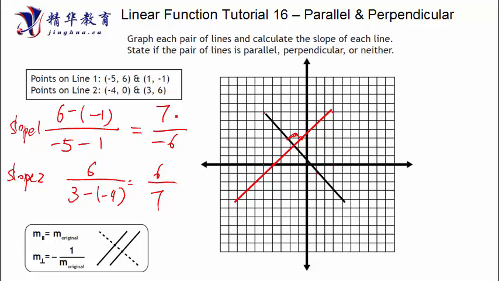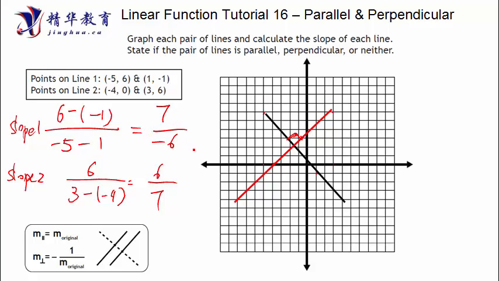So we know that if the 2 lines are perpendicular, the slopes are the negative reciprocal of each other. What does negative reciprocal mean? First thing is flipped: 7 over 6, 6 over 7. And then this is positive, this is negative.